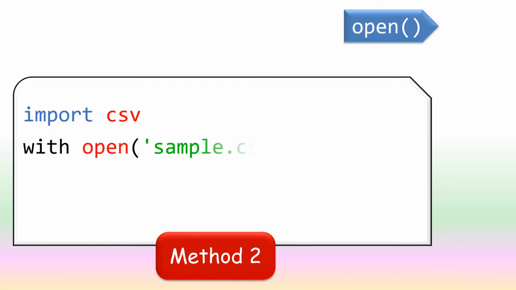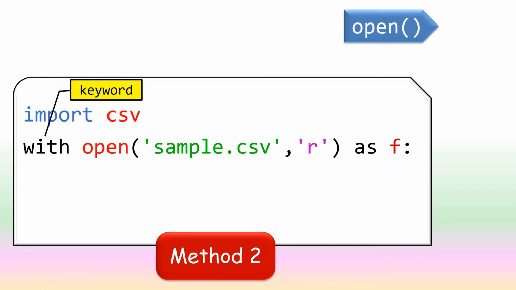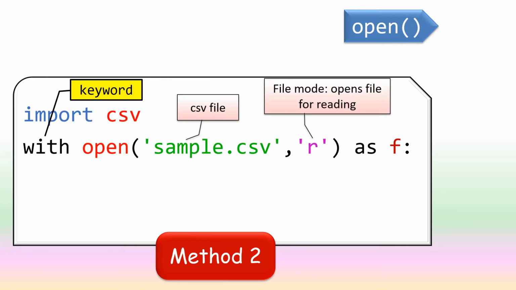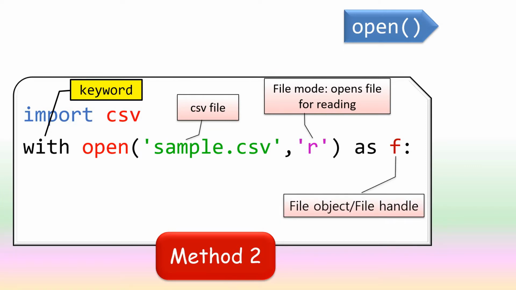It is written as with open("sample.csv", "r") as f: With is a keyword, open, and within parenthesis sample.csv is the name of the CSV file, r is the file mode to open the file for reading, as is another keyword, and f is the file object or file handle, and after the file handle you should place a colon.